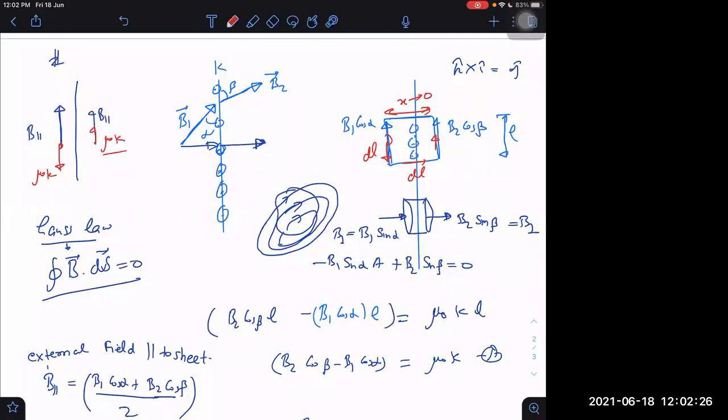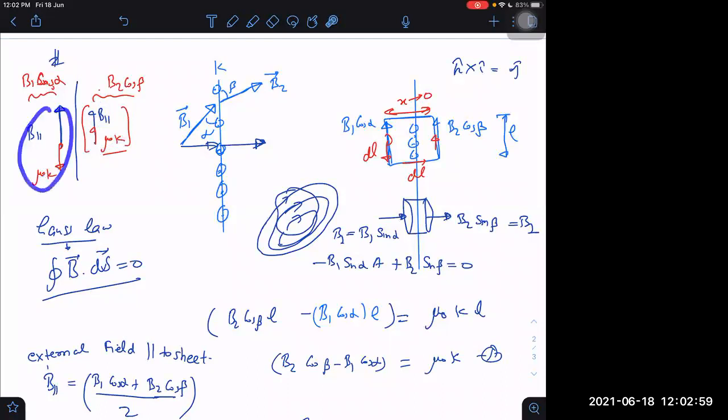But I know what the sum of these two is. The sum of these two will become B1 cos alpha, and the difference of these two will come out to be B2 cos beta. Now if I take this plus this, then I cancel the mu naught K terms, but B parallel will be added up, becoming 2 times B parallel.